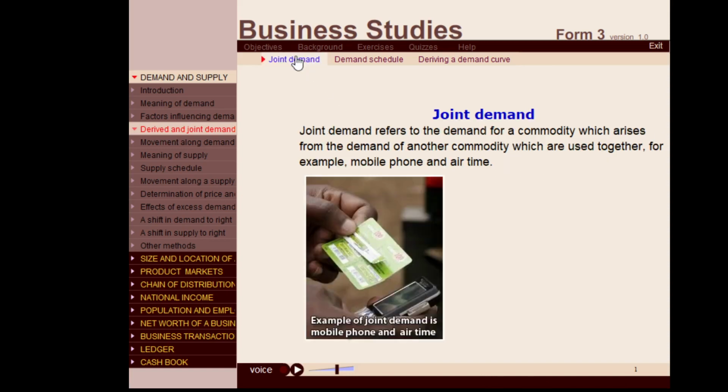Joint demand refers to the demand for a commodity which arises from the demand of another commodity, which is used together. For example, mobile phone and airtime.